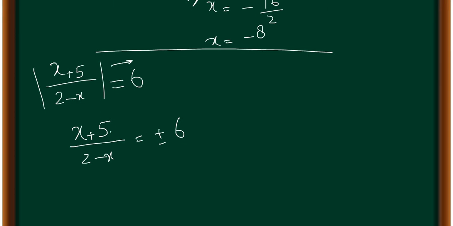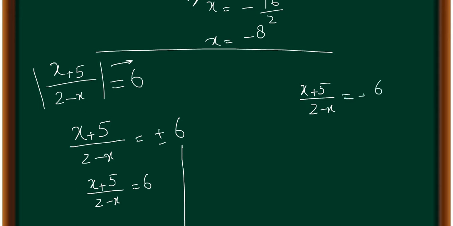But here if we put it on the left side we feel difficulty to solve this question, so I put plus minus on the right side of equal. So here one time I write positive, x plus 5 over 2 minus x is equal to 6, and one time I write negative, x plus 5 over 2 minus x is equal to minus 6.